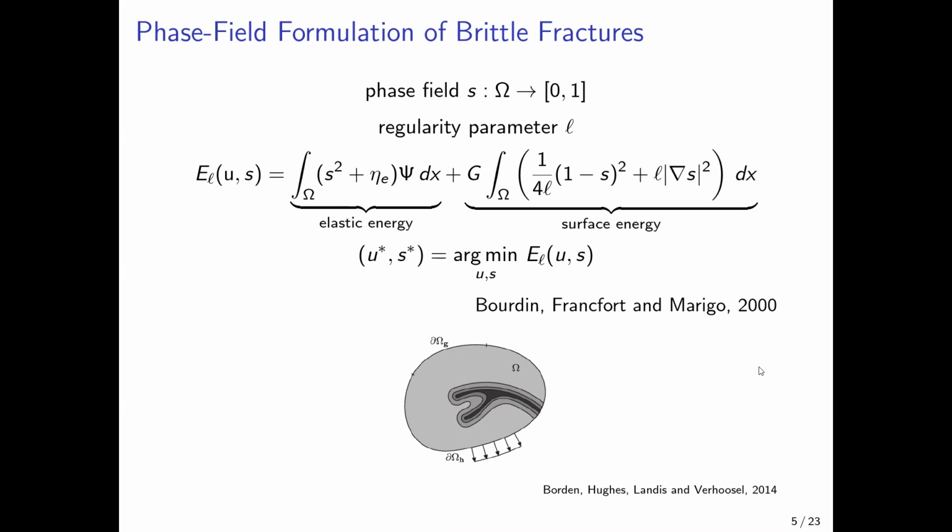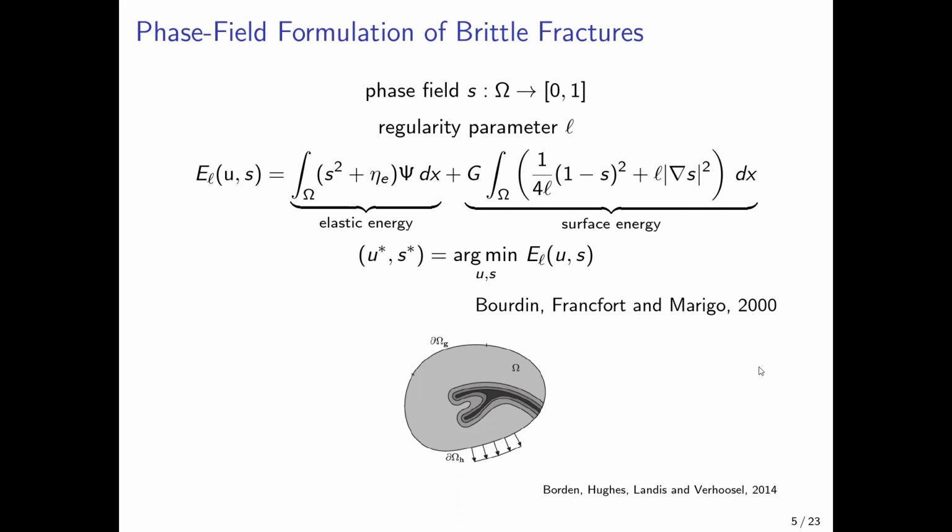Now, the energy functional L sub E is convex in U if S is fixed, the phase field is fixed. And it's convex in the phase field if U is fixed, but it is not simultaneously convex in both. So while we have more regularity and we can use more standard methods, we still don't have convexity to use easily applied methods.